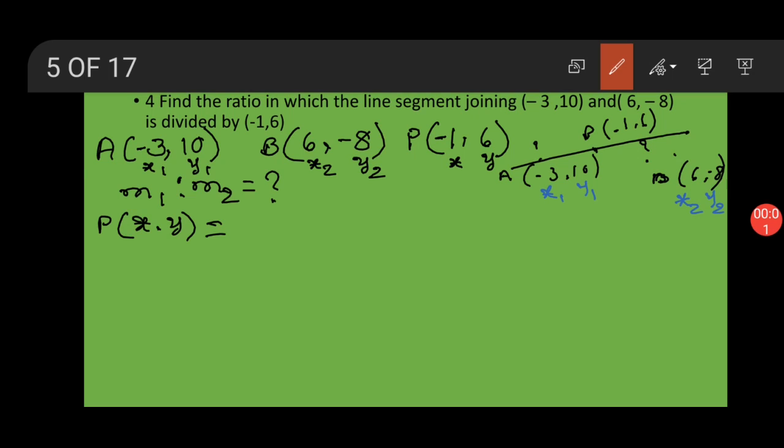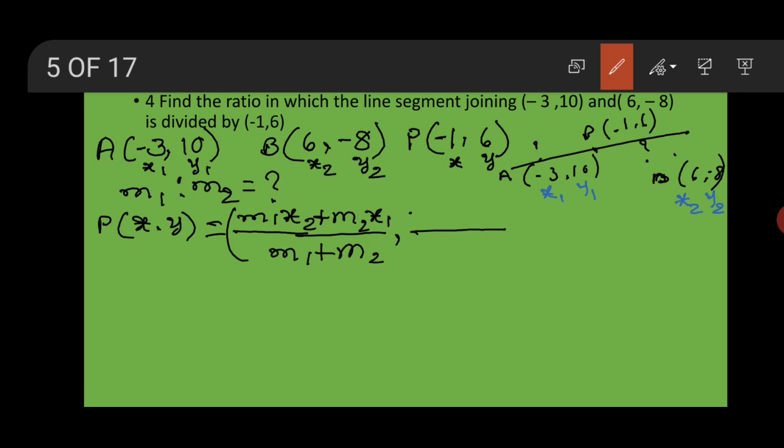This is x2 y2, and the coordinates of point P are x comma y. Now we have to use the section formula. What's that? Section formula: P (x, y) is equal to (m1 x2 plus m2 x1) divided by m1 plus m2, and its y coordinate, write down, (m1 y2 plus m2 y1) divided by m1 plus m2.